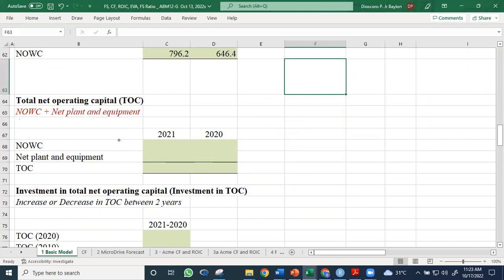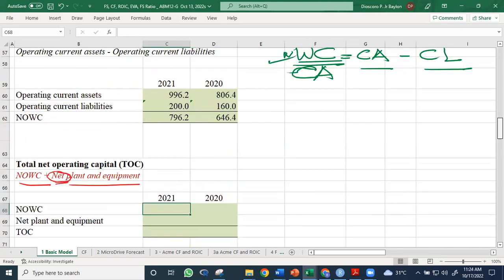We have your NOWC plus your net plant and equipment. Take note, class, what we're adding is the net plant and equipment. We already have the figure for net operating working capital, so we just get it from this one and copy this to the right. Our net plant and equipment, we have that in the balance sheet.